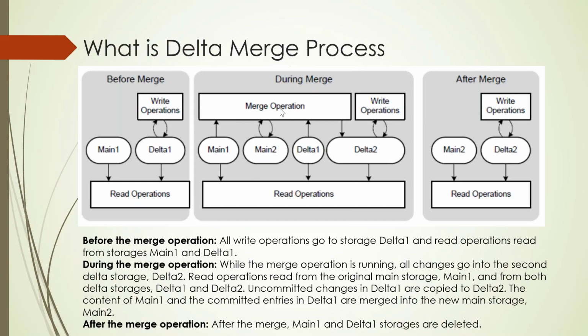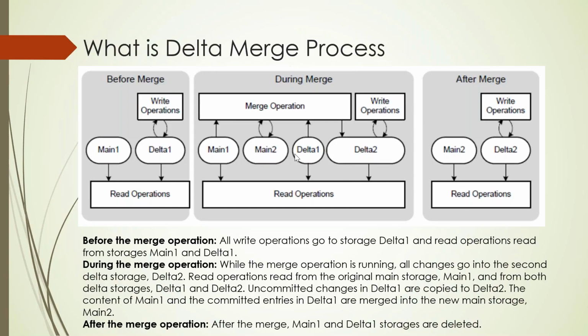After the merge process, we have the main two and the delta two. We don't have the main one and the delta one. In the main two, we have the data of main one. During the merge process, the data of main one is transferred into the main two. Then the committed transaction data in the delta one is transferred to the main two, and the uncommitted data of delta one is transferred to the delta two.